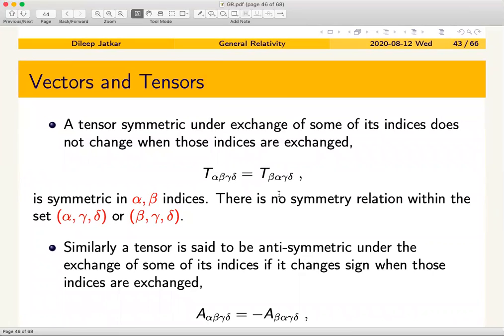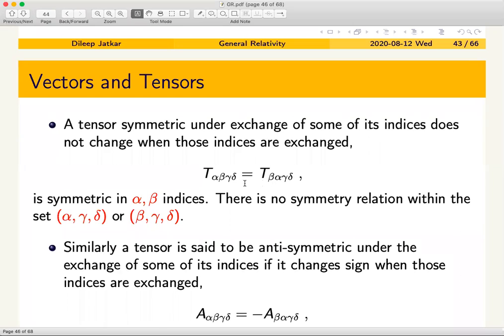For example, a tensor which is symmetric under some of its indices would not change if you exchange those indices. If you have T_{αβγδ}, which is a (0,4) tensor with 4 covariant indices, and it is symmetric in the first 2 indices, alpha and beta, then if you swap alpha and beta, the tensor would be the same. Therefore T_{αβγδ} would be the same as T_{βαγδ}.